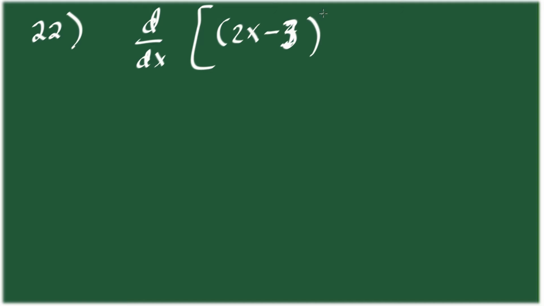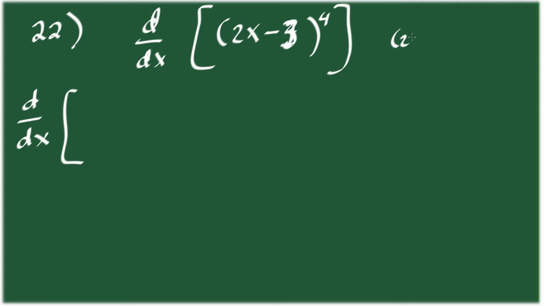Now this one is even more complicated because what I'm going to do is I'm going to raise the 2x minus 3 to the fourth power, okay? So this is like a review of binomial expansion. So let's go ahead and do the algebra first by expanding the 2x minus 3 to the fourth power.